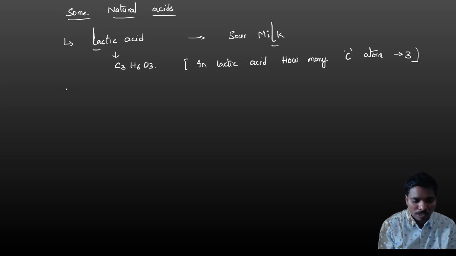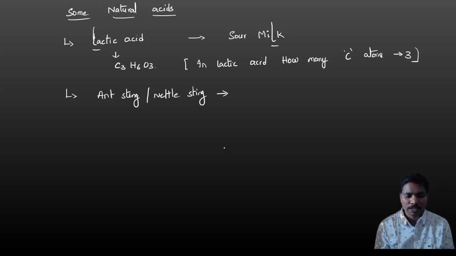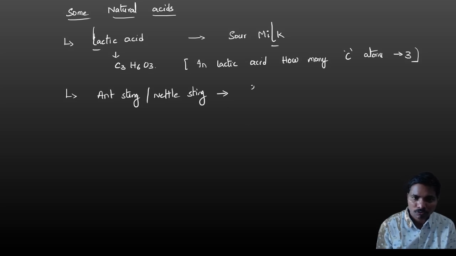Now coming to the next one. The acid present in ant sting or nettle sting. So what is the acid present in ant sting or nettle sting? That is formic acid.